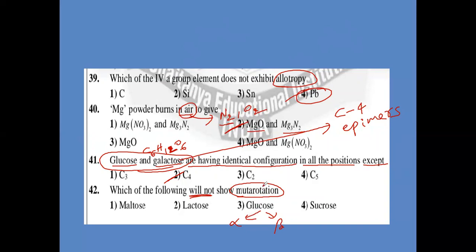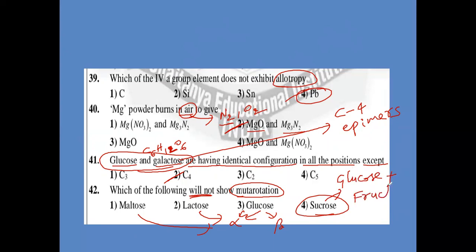Mutarotation is possible only in the case of molecules having alpha form and beta form. So these three molecules have alpha and beta forms, so these three molecules will show mutarotation. But sucrose is made up of glucose plus fructose.